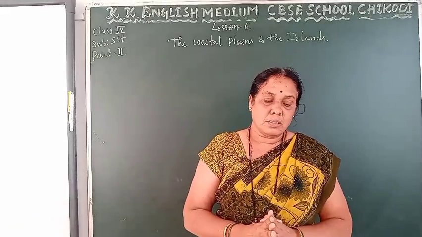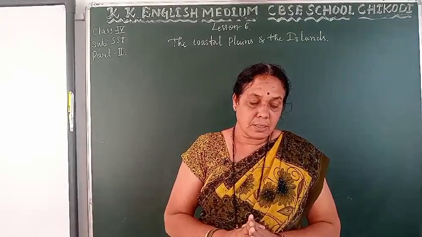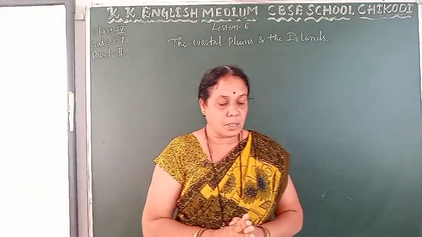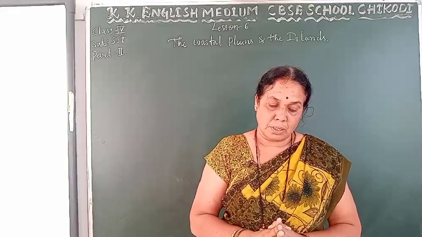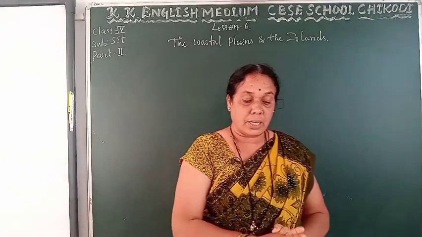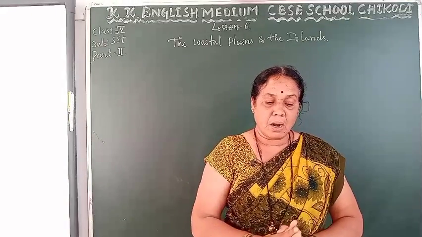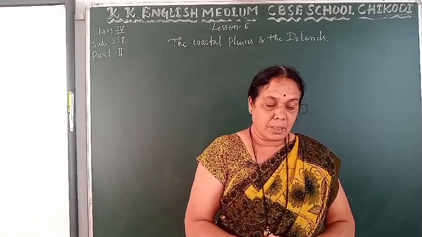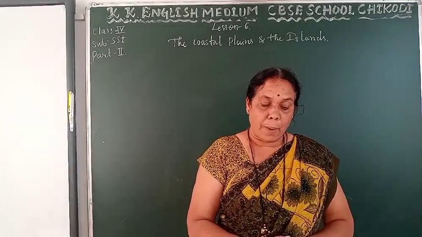Dear students, the eastern coastal plains extend from the West Bengal coast in the east to the Tamil Nadu coast in the south. They lie between the Eastern Ghats and the Bay of Bengal.